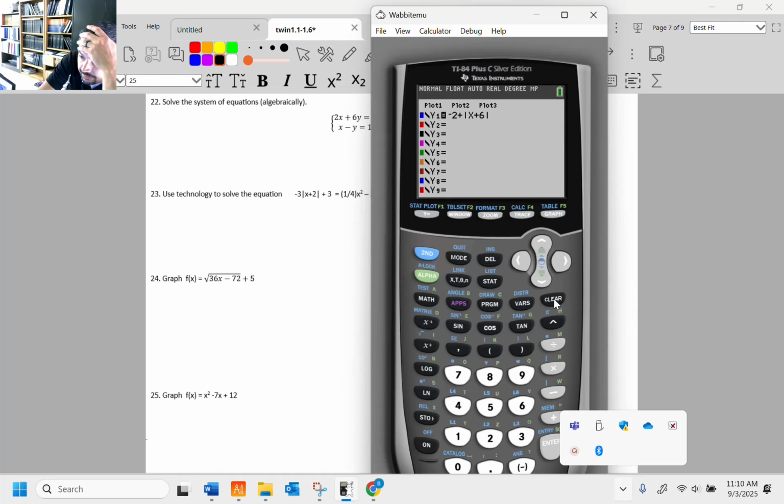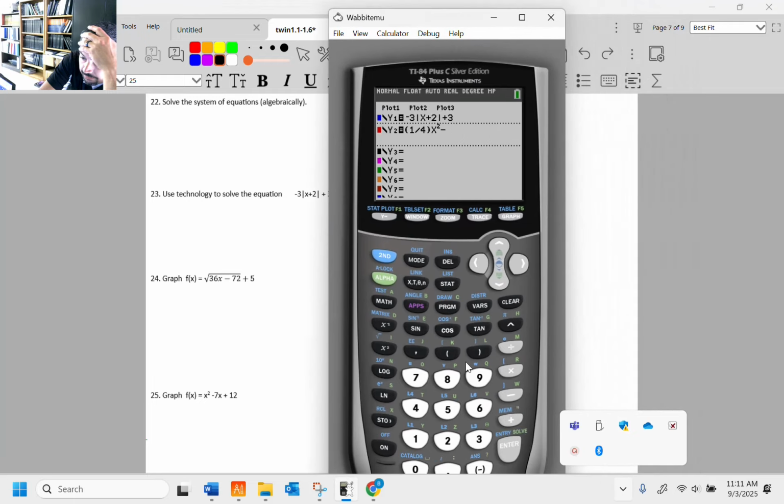So the left-hand side is negative 3 absolute value, math, num, ABS, x plus 2, get out of absolute value, plus 3. The right-hand side is a quarter, I'm just going to leave that wrapped like I wrote it, of x squared minus 3. And then I get to hit that zoom 6 button.